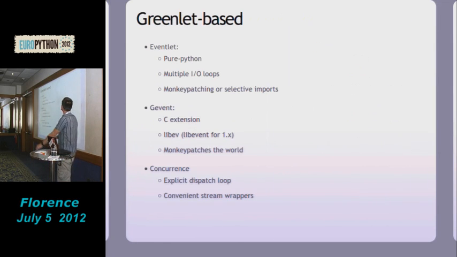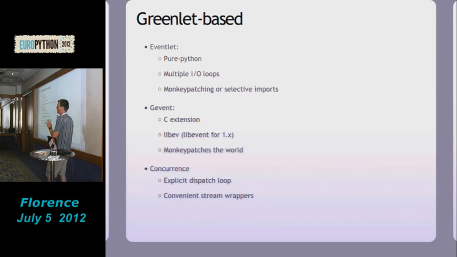There's like three projects that are based on Greenlet: Eventlet, Gevent, and Concurrence. I don't know how alive or how much use Concurrence is, I've never used it myself, but it looks quite interesting. Basically, Eventlet and Gevent are quite similar.